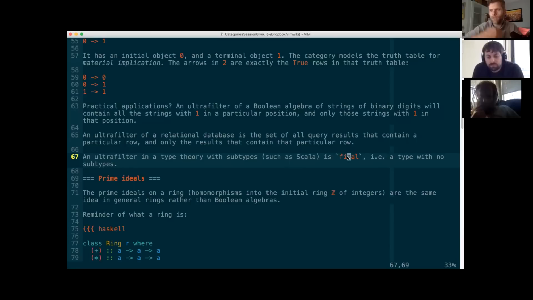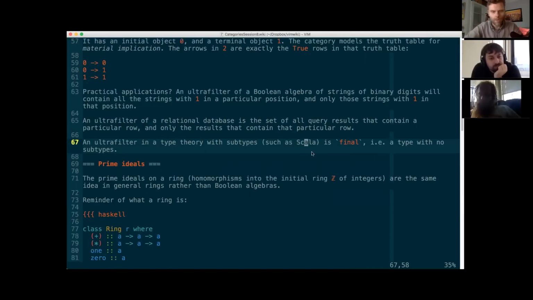So the only strictly larger filter is all the types, all the Scala types. Right. So it's like a bottom rung type. So sort of a generalized element of the Scala type system are the final or the primitive types.